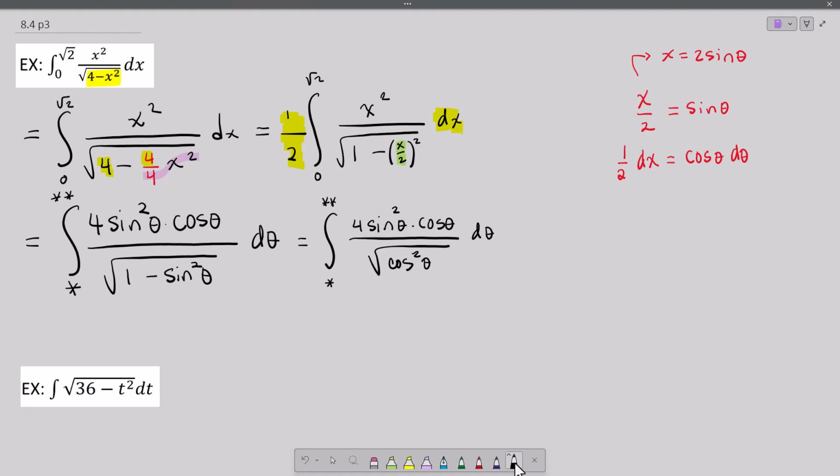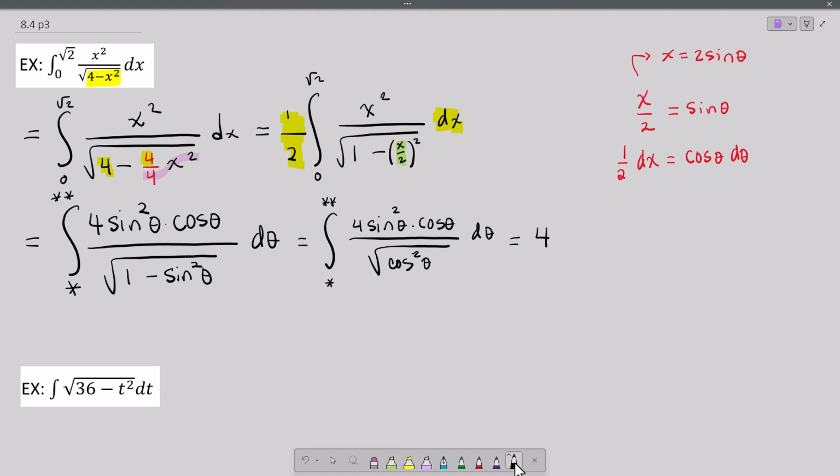Cosine is positive in quadrant 1. So the square root of cosine squared is cosine in this case. Most of the time we can just say square root of cosine squared is cosine. But you have to at least be thinking in your mind that it's not always that case. There can be cases, like if we were in quadrant 2, the square root of cosine squared would be minus cosine of theta. All right, but not in this case.